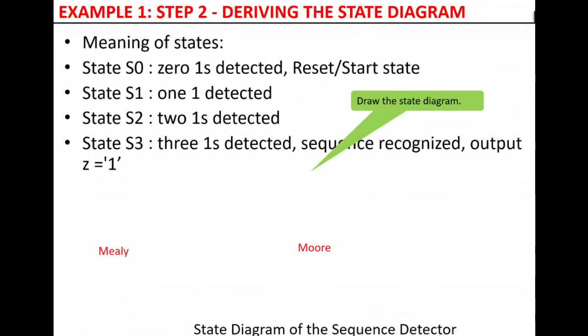The importance of state diagrams: if you have two states, you will use one flip-flop. If you have 4 states, you will use 2. If you have 5 states, you will use 3. So you will find that a Mealy can give you 4 states and a Moore gives you what? 5 states.